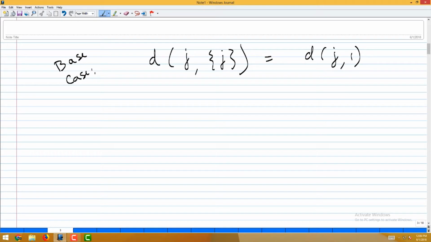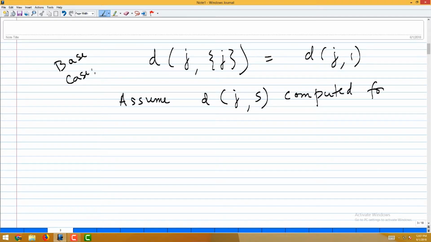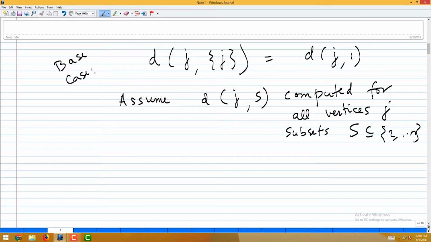Now, at the induction step, assume that you have computed this for all sets of small size. So, assume d(j, S) is computed for all vertices j and subsets S contained in {2 to n} of size at most k, where k is greater than or equal to 1, because for 1 we have computed it.